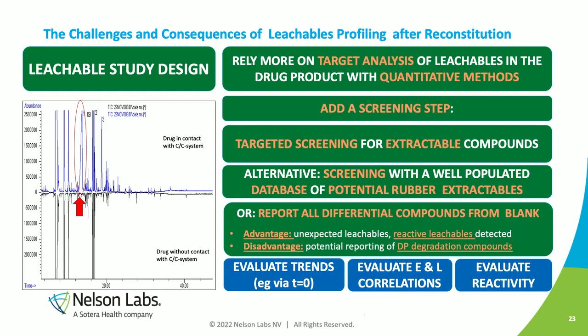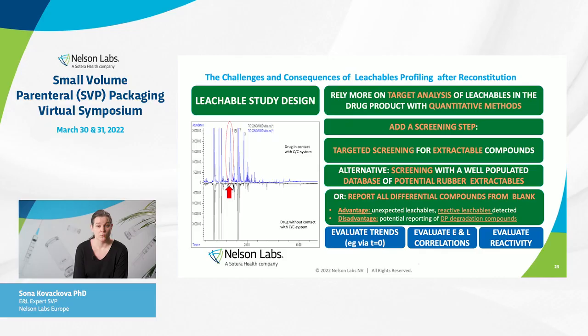In our leachable study, we want to rely more on the target analysis of the leachables in the drug product with quantitative methods, or we can add a screening step, or we can also decide to report all the referential compounds from the blank. Every step has some disadvantages and advantages, and it is very important to justify the design for the individual drug products.